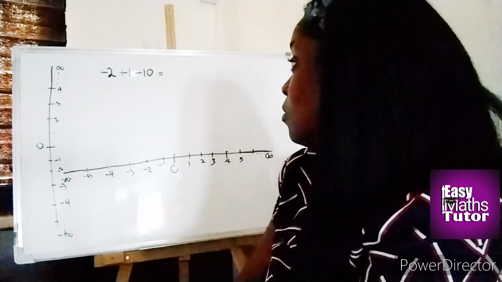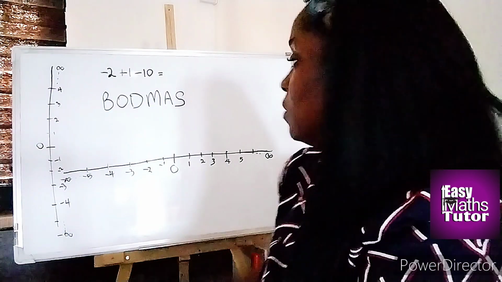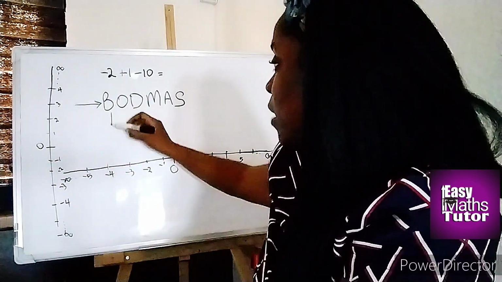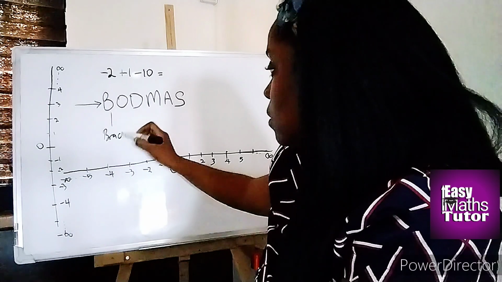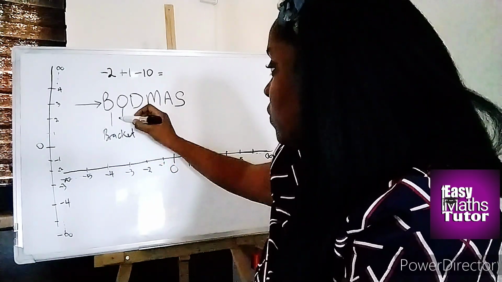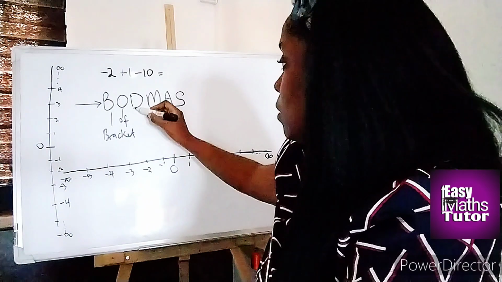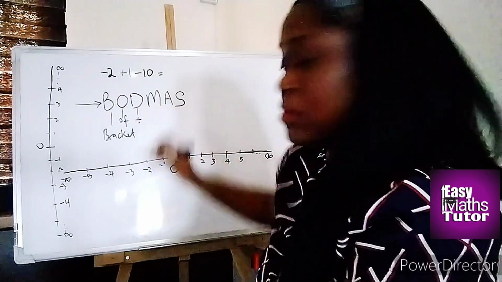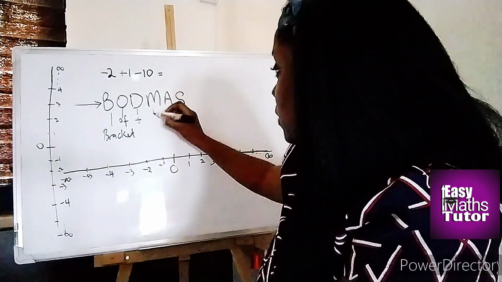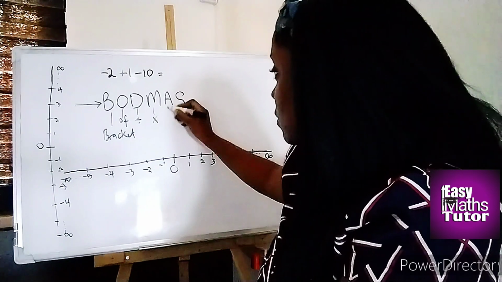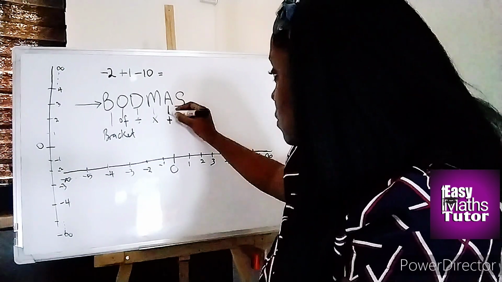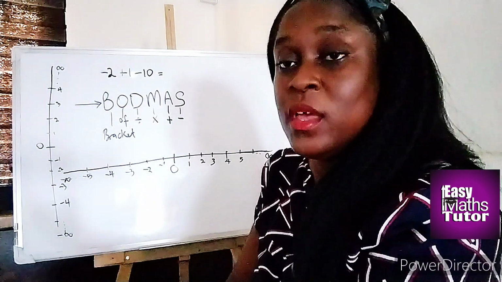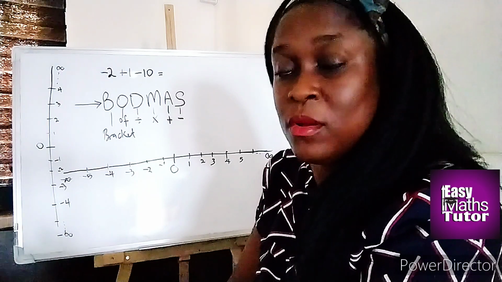BODMAS says you follow the mathematical operations from the bracket, to the of sign, to the division, next to the multiplication, then addition and subtraction. Subtraction is actually the last operation that you will carry out in a mathematical operation.